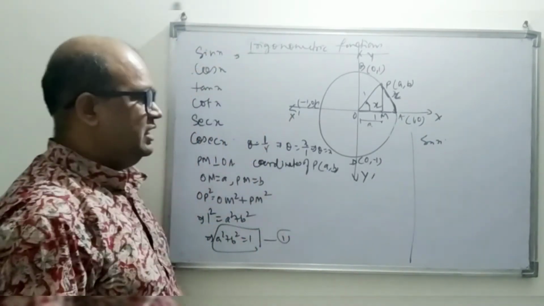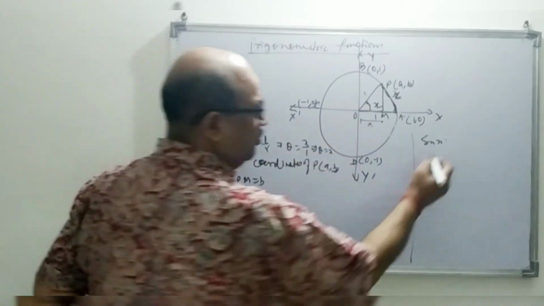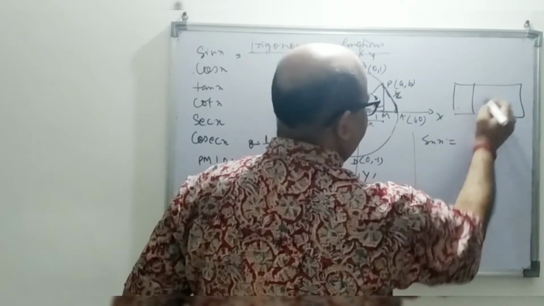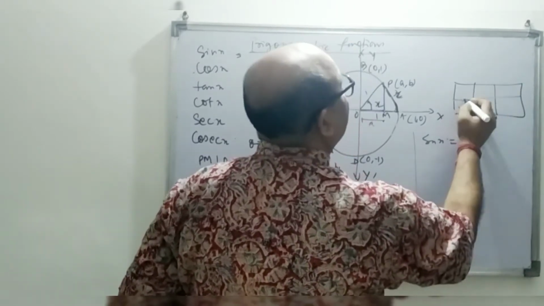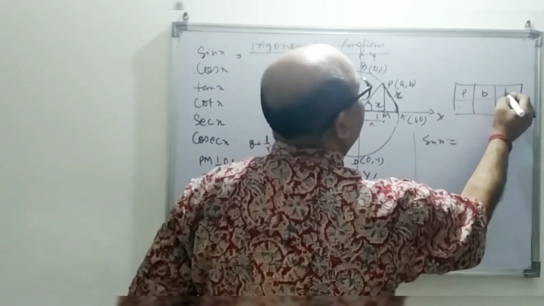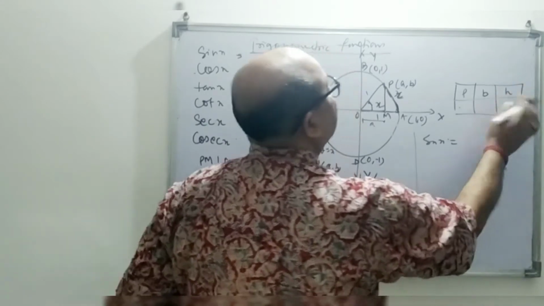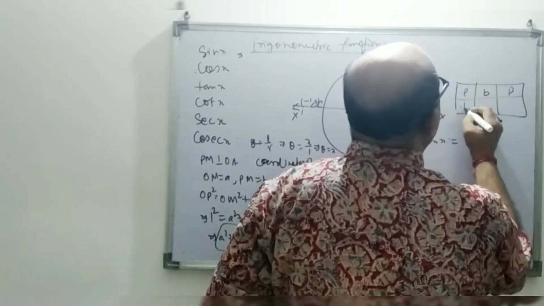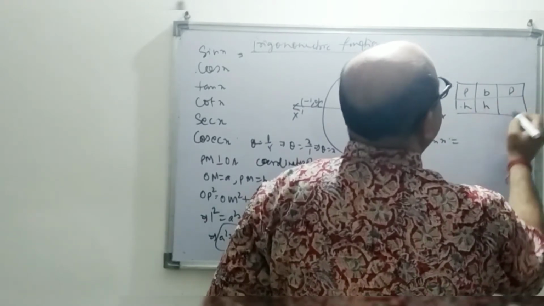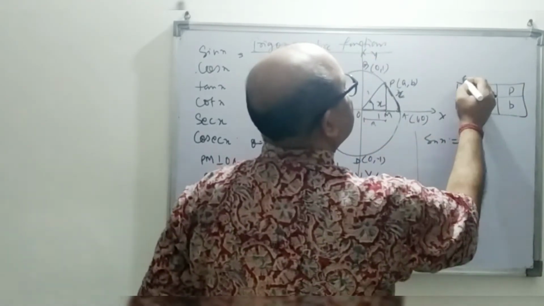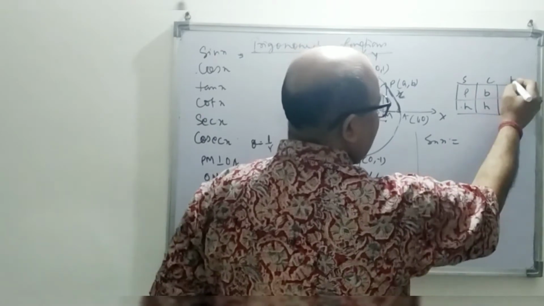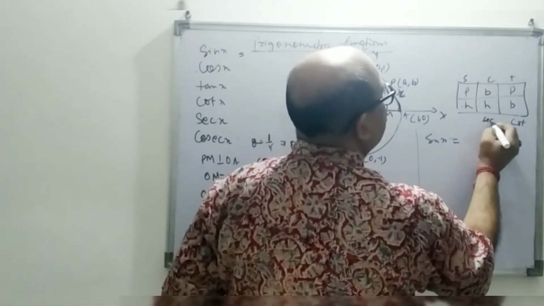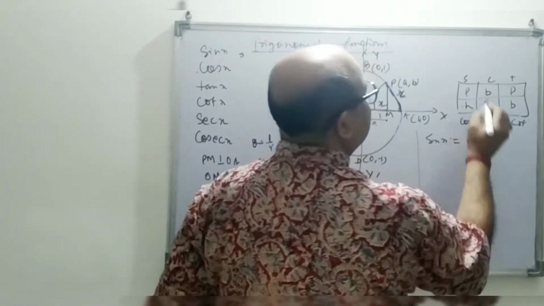Now, sin x. Let us start with the ratios. Sin x equals perpendicular by hypotenuse, P by H, and B by H for cos, P by B for tan. This is sine, cosine, tan. Again it comes cot, sec and cosec.